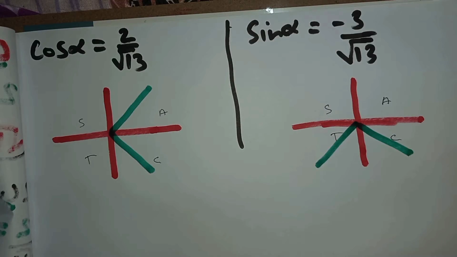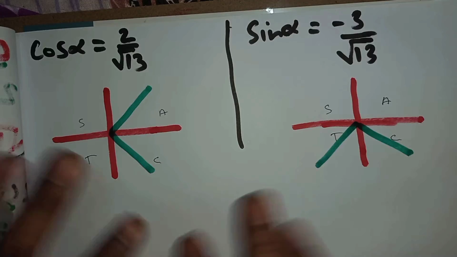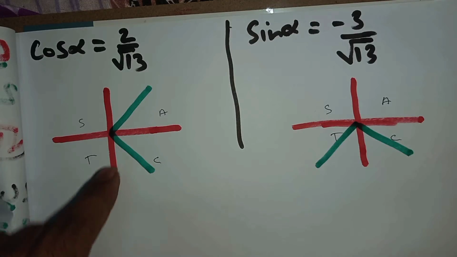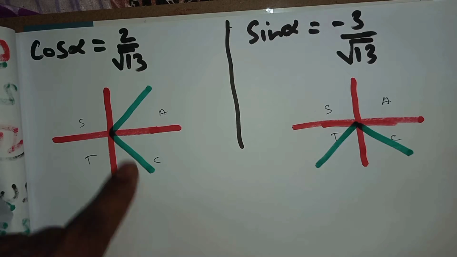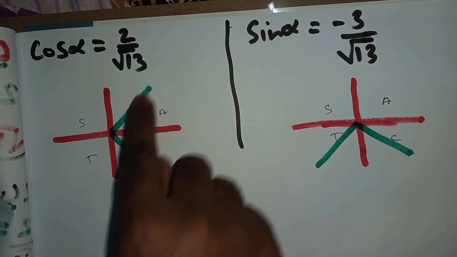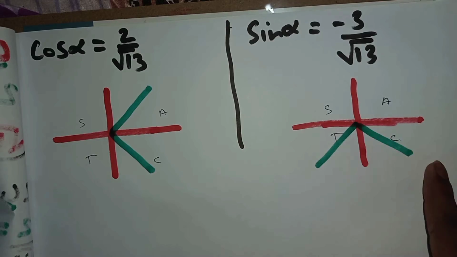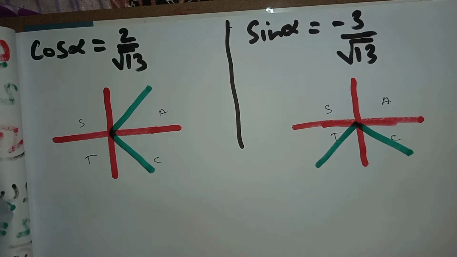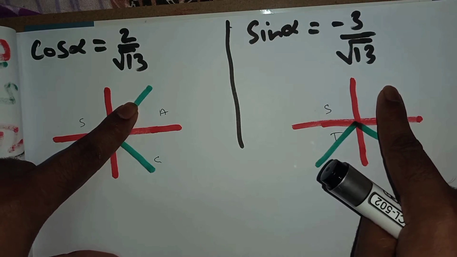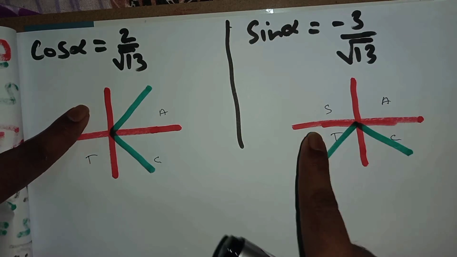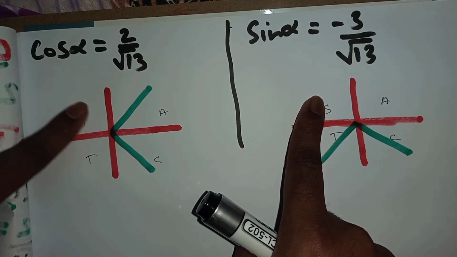And we have to see in which quadrant we have the common line, right? Let's call this one line, this another line. So in which quadrant do we have common? This quadrant? No, we do not have any here. This one, we don't have anything here.